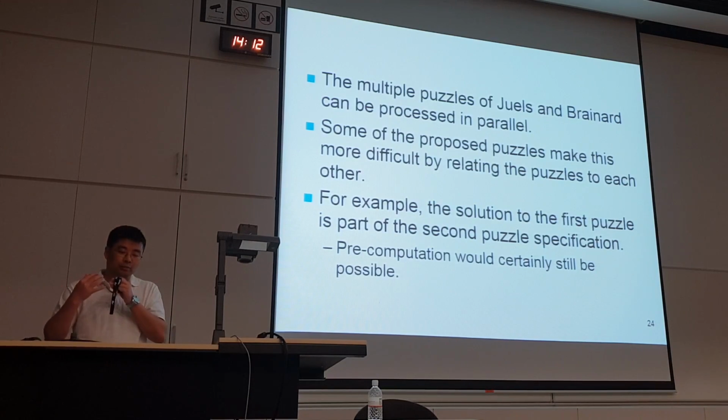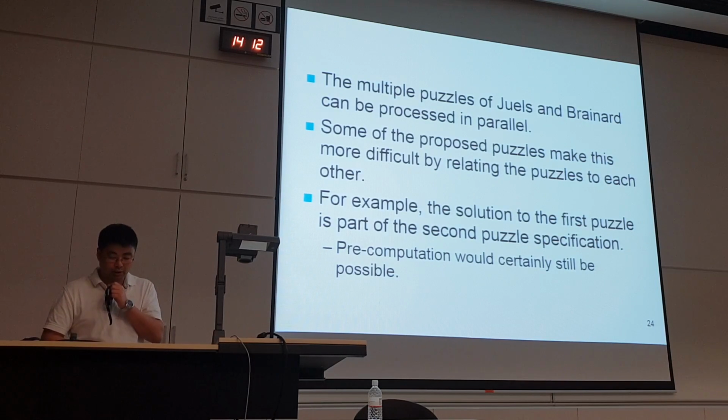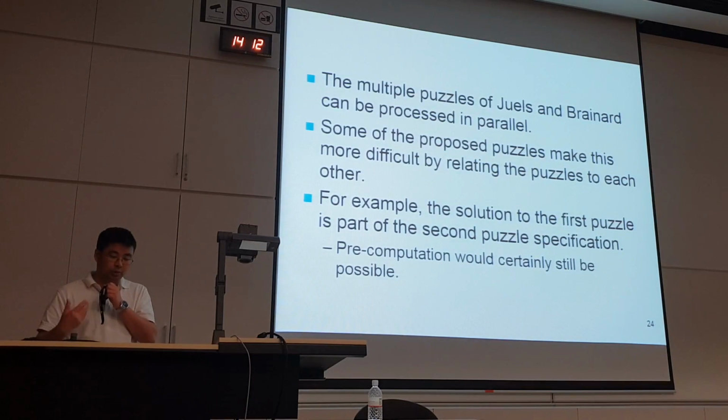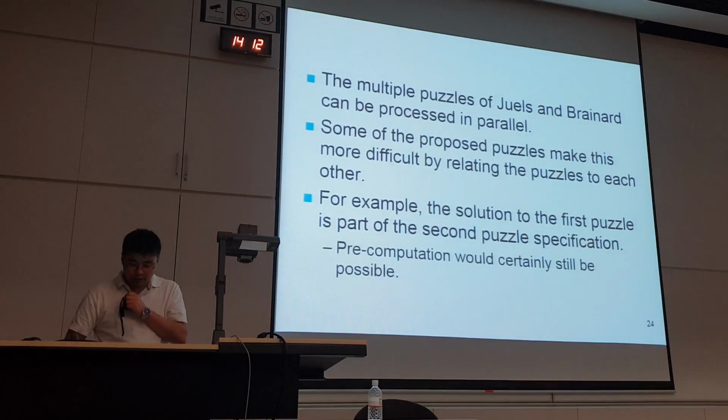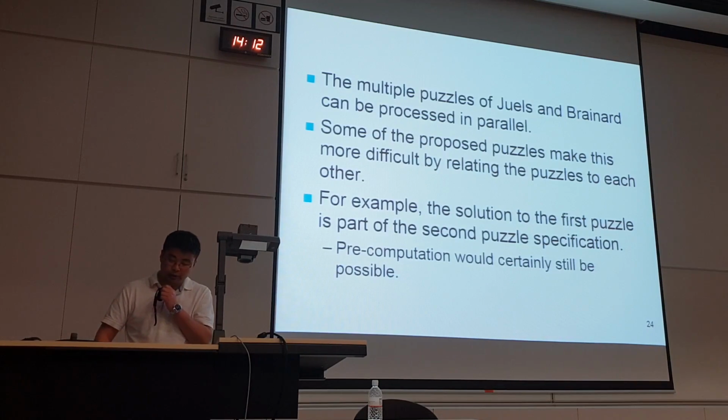That means one subpuzzle needs to be solved first in order to solve the second subpuzzle. In this case, you can prevent the user from doing parallel computation to solve the multiple subpuzzles simultaneously. So in this case, you may make the client puzzle even more difficult. So this is another possible way to increase the difficulty of solving the client puzzle.